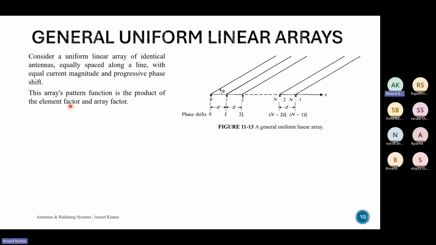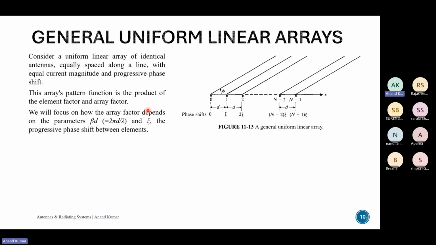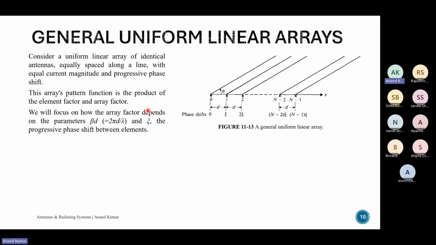So this array's pattern function is a product of the element factor and array factor. We've seen this in the two element arrays. Now, we'll focus on how the array factor depends on the parameters beta d and psi.